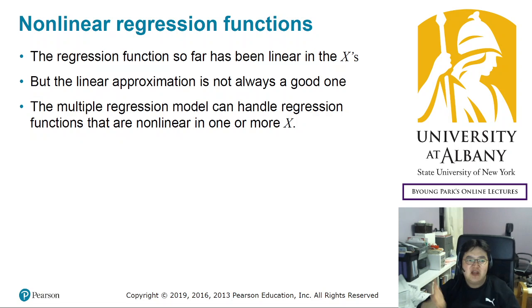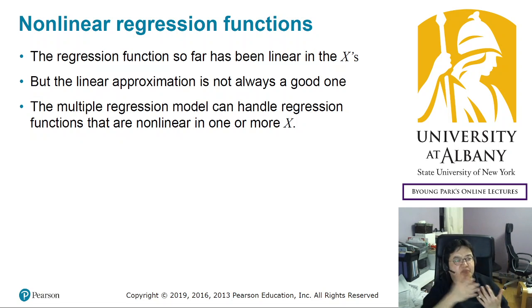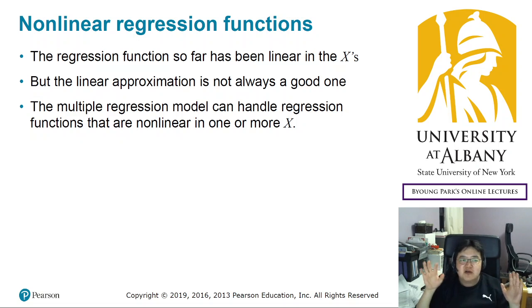However, linear approximation is okay in, I think, more than 90% of applications, but in some cases, the linear assumption is not okay. It can be restrictive, and so you need to relax that assumption to better capture the relationship between the outcome and the regressor.